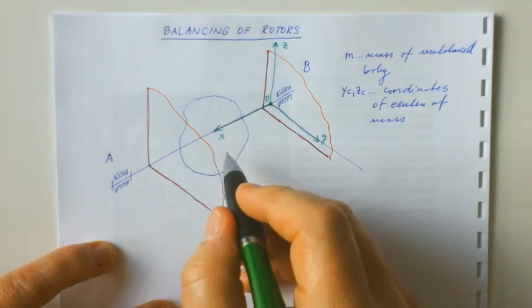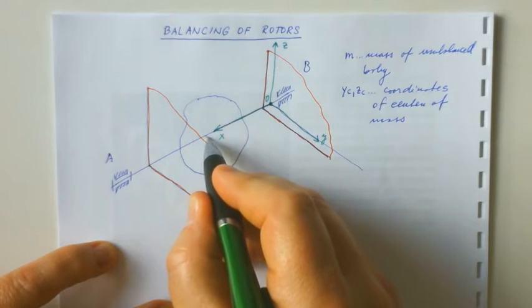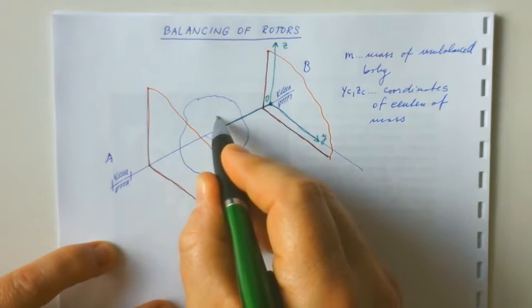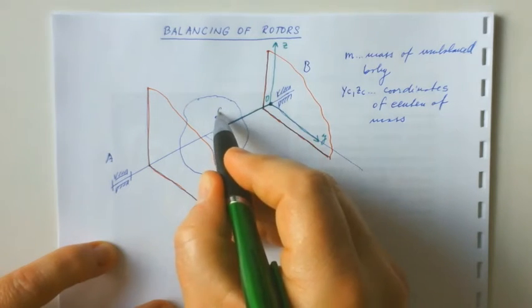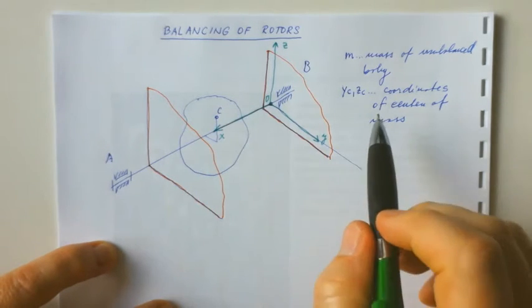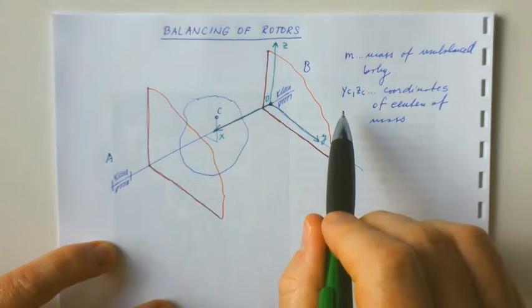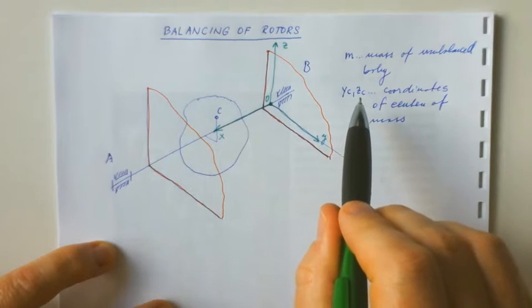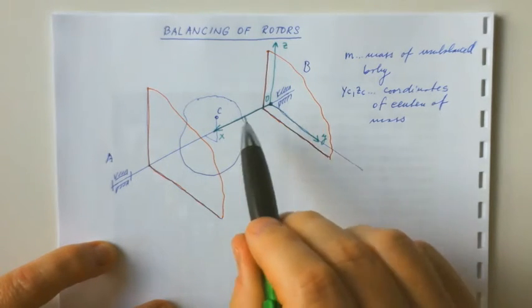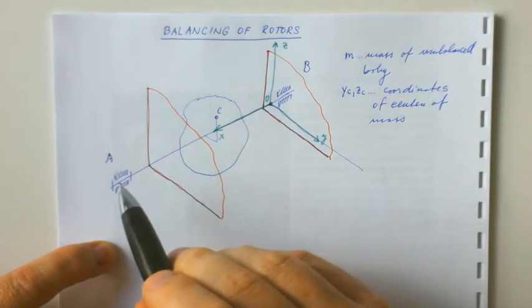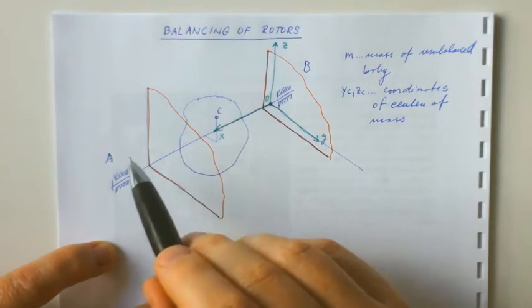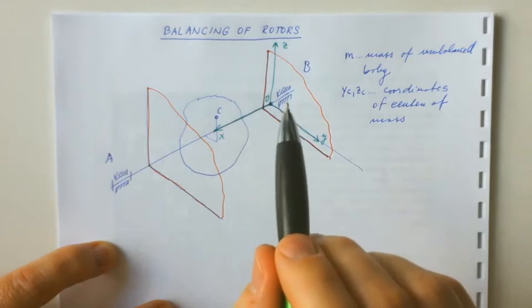Somewhere here there is a center of mass, and for balancing we need to know only the y and z coordinates with respect to this system. There is a rotational axis, with rotational joints A and B.